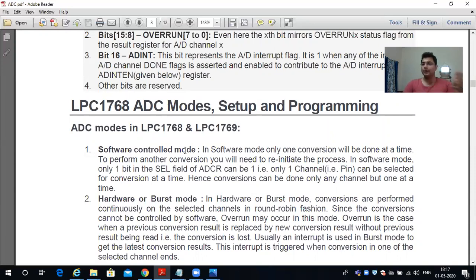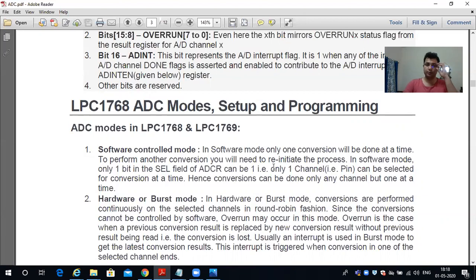And when more than one conversion is possible, we require a round robin way, because all the channels are multiplexed with only one 12-bit successive approximation register. That is only one module of conversion, and that's why in round robin way our ADC module can handle all the parallel analog inputs, and in that situation overwriting may be a possibility.